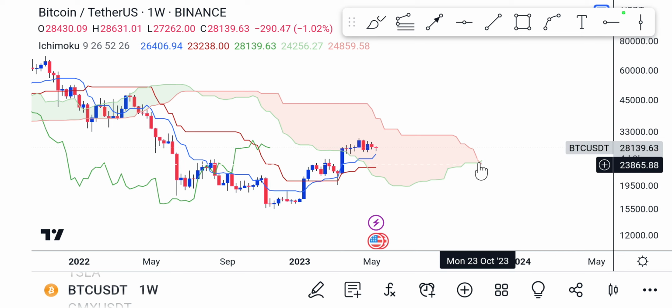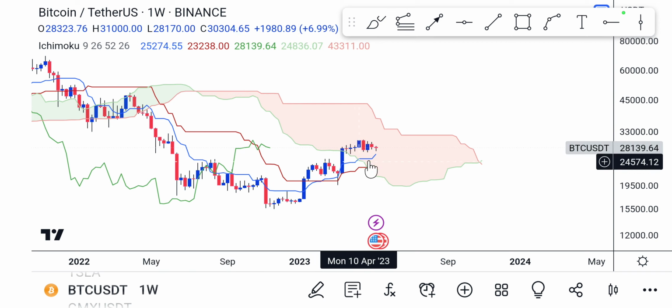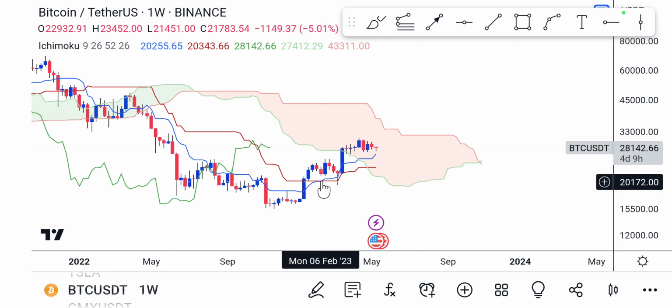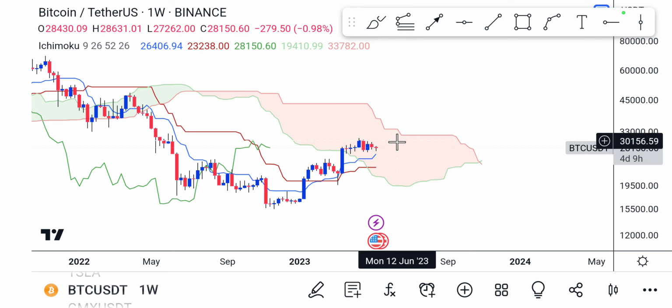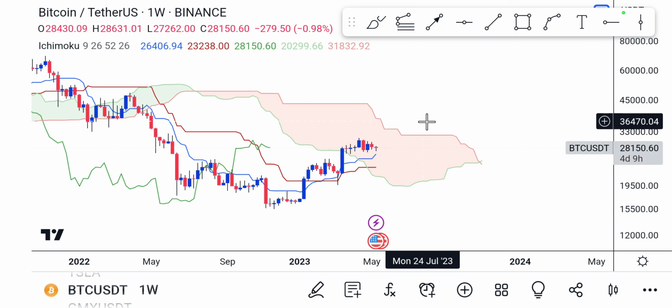So this is the first one since July 2022. So what is the message here? First thing first, I told you guys we've had the first bullish twist, which is the Tenkan crossing the Kijun from bottom to top. And secondly, we have price inside the cloud, which is waiting for an edge to edge move.